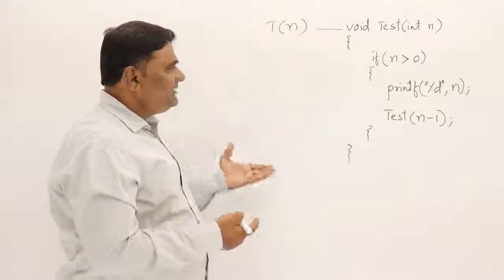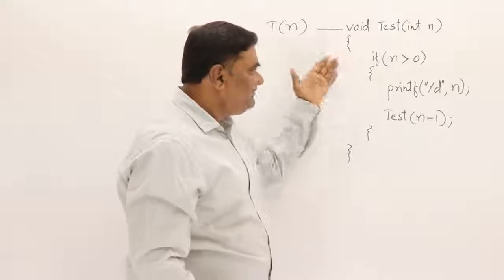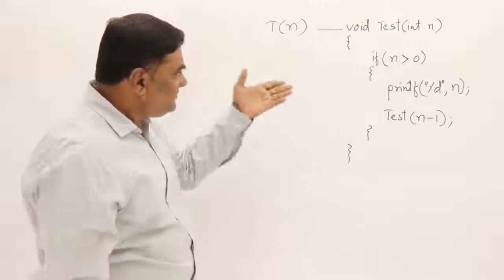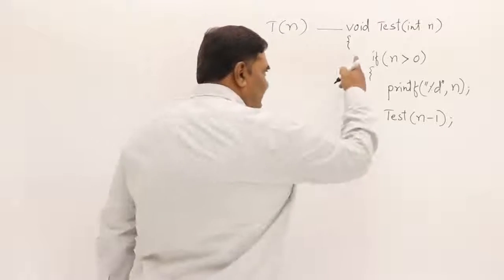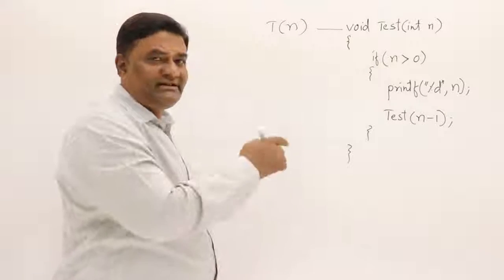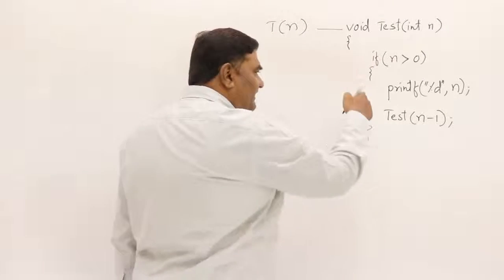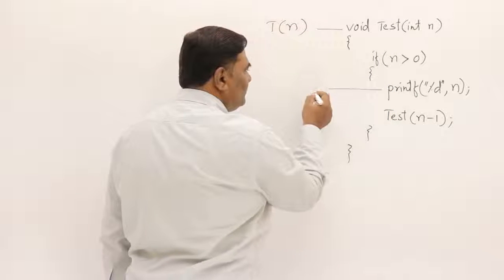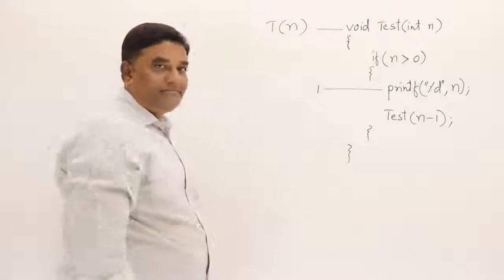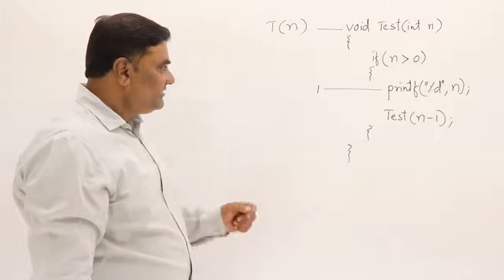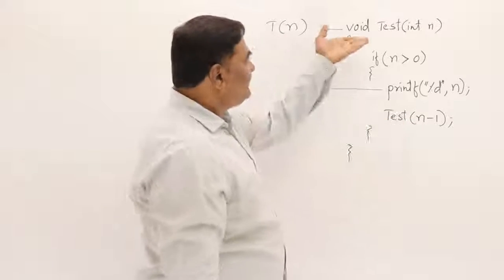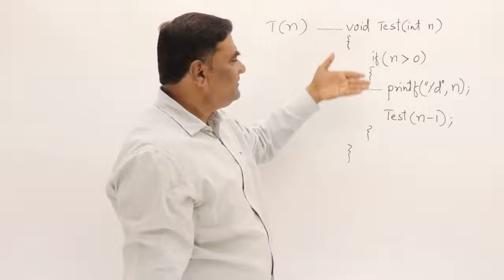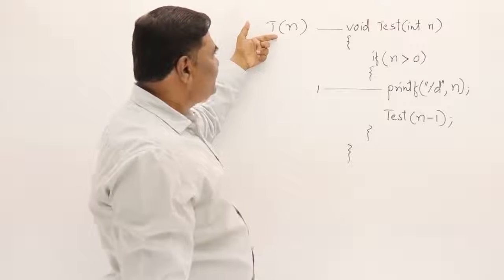Then that T of n will be equal to the total amount of time taken by this. Let us observe what is happening inside. The condition is checked; let us ignore the condition. Inside that, printf takes 1 unit of time. The next one is a recursive call, the same function. How much time did we mention for T of n?